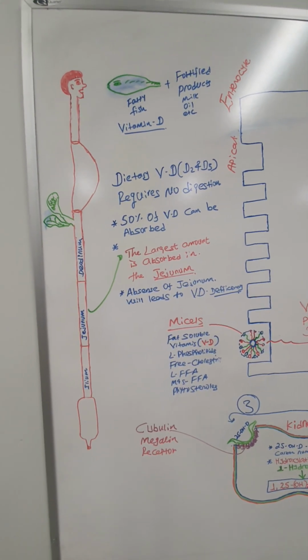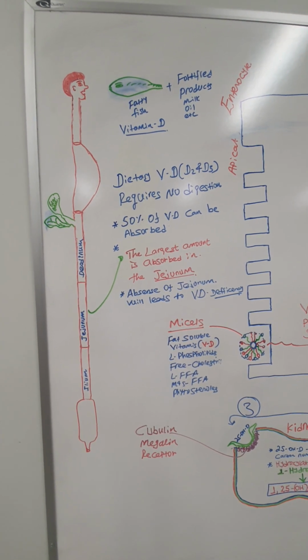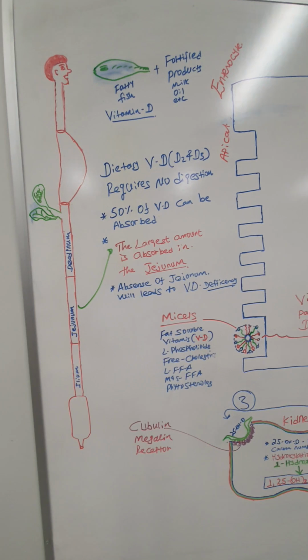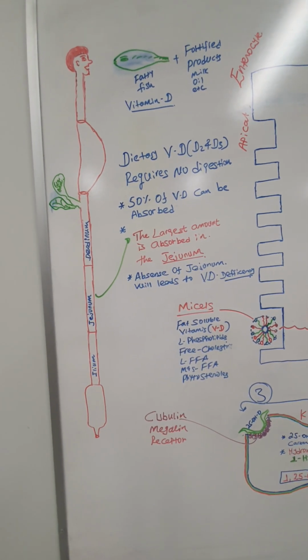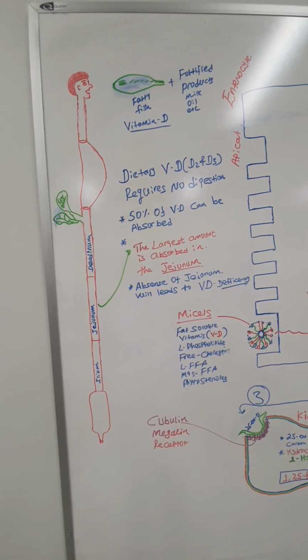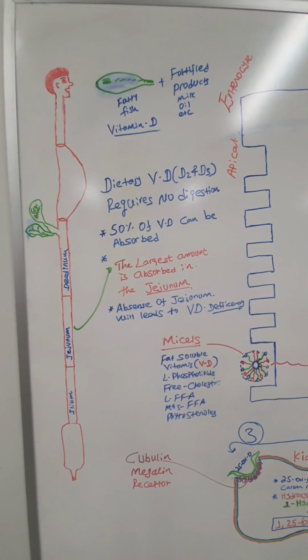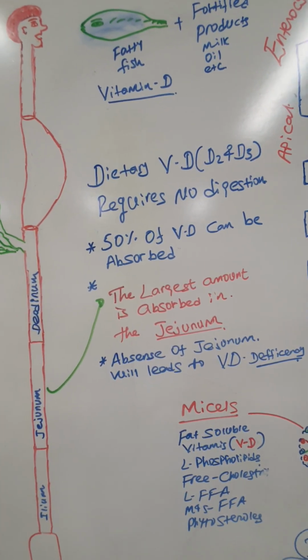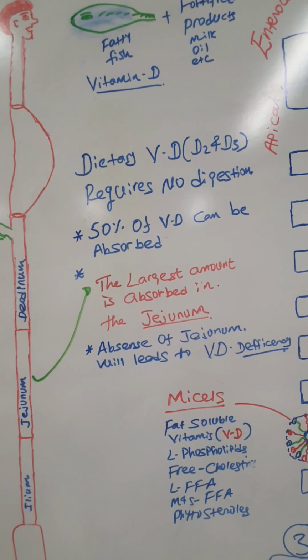Dietary vitamin D exists in two forms, either in the form of D2 or D3. In the body, vitamin D does not require any digestion because it's only formed in its free form. It's not bound with anything.